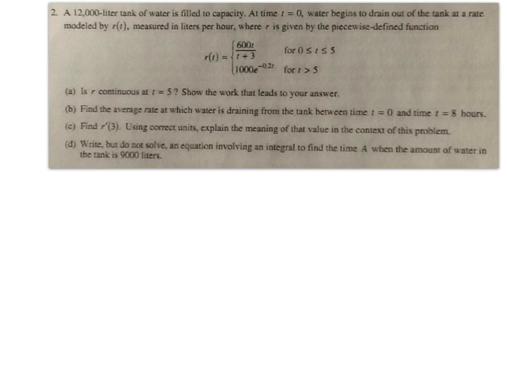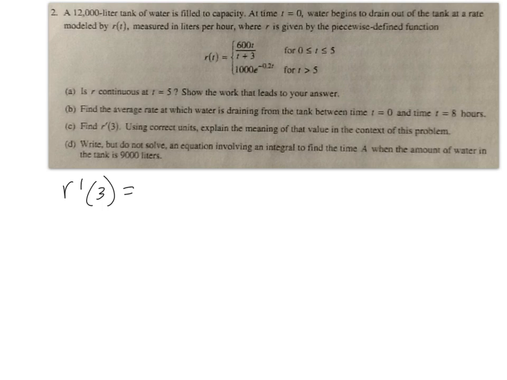All right, now we're going on to part C. So on part C it says find r prime of 3 using correct units, explain the meaning of what that value is in the context of this problem. So r prime of 3, I'm just going to take the derivative in my calculator of the first function, because that's the one where 3 is included.